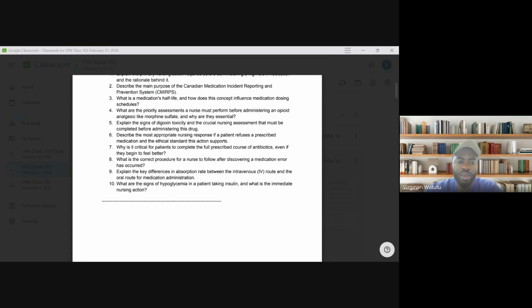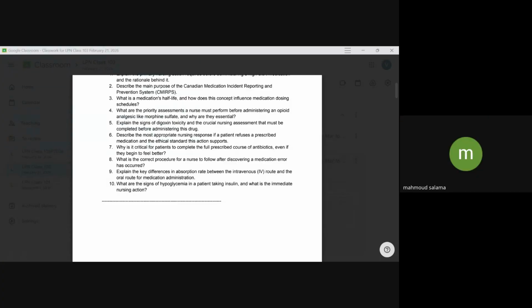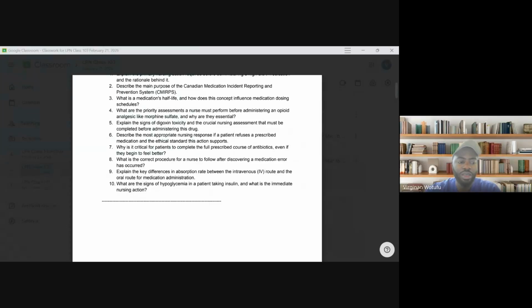Question 8: what is the correct procedure for a nurse to follow after discovering a medication error has occurred? Ensure patient safety, notify the healthcare provider, and report the error according to the policy. So first you assess. You assess for adverse effects, if the error or the medication is causing an adverse effect, right?